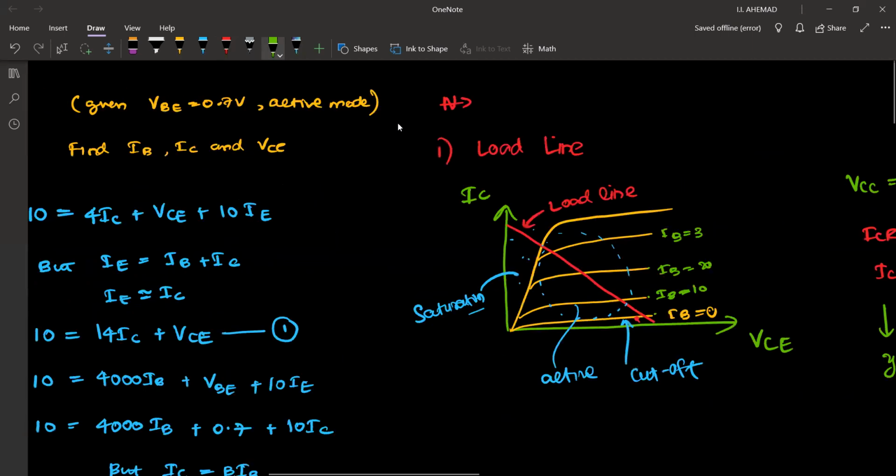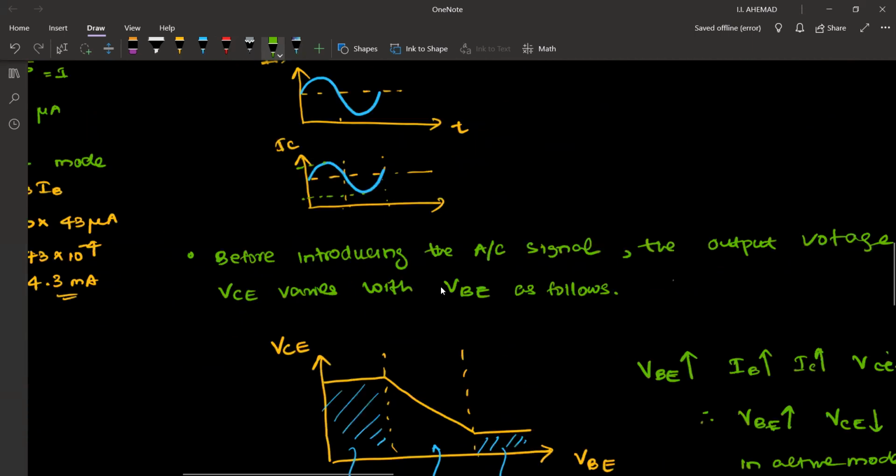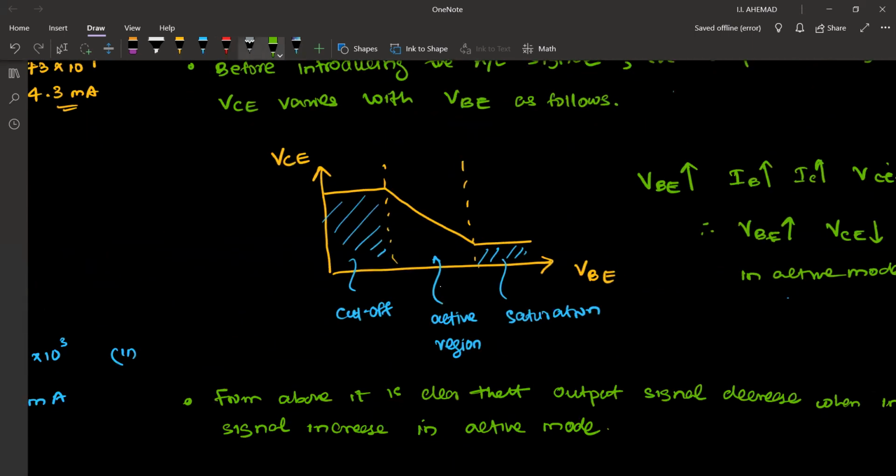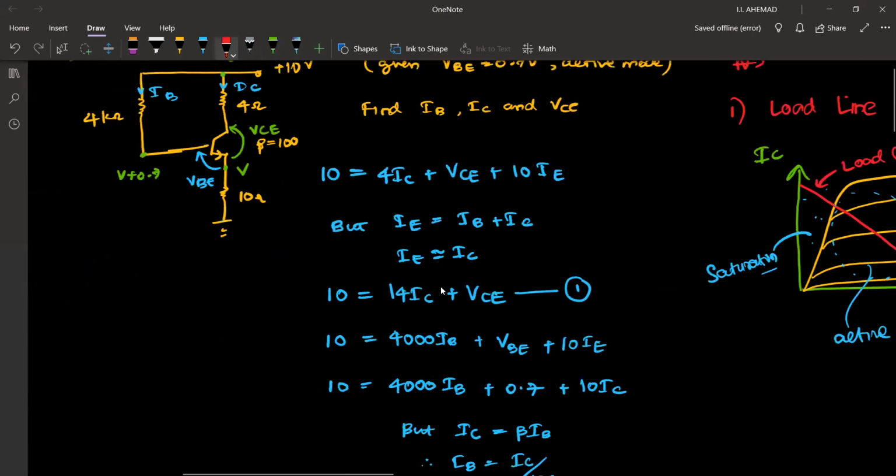Can you remember, before introducing the AC signal, we got an idea about the variation for DC voltage. This is also similar.